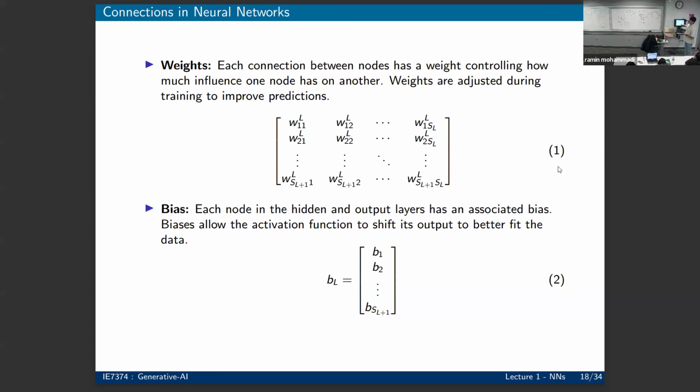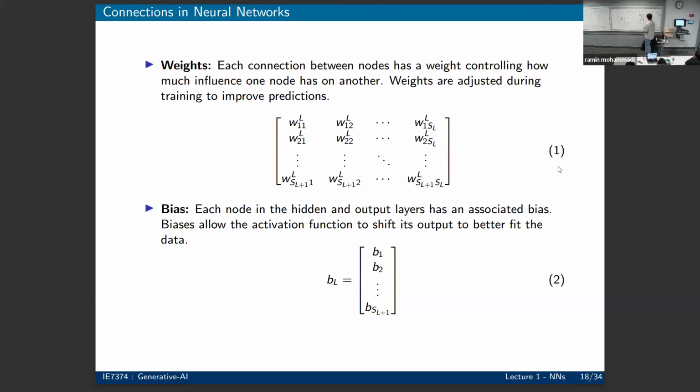Then we have a bias term. Technically it's not always necessary, but you normally have a bias node sitting here, B, and the bias is connected to every one of the 3 nodes in the next layer. So layer L has a bias which connects to the next 3 nodes in the next layer.